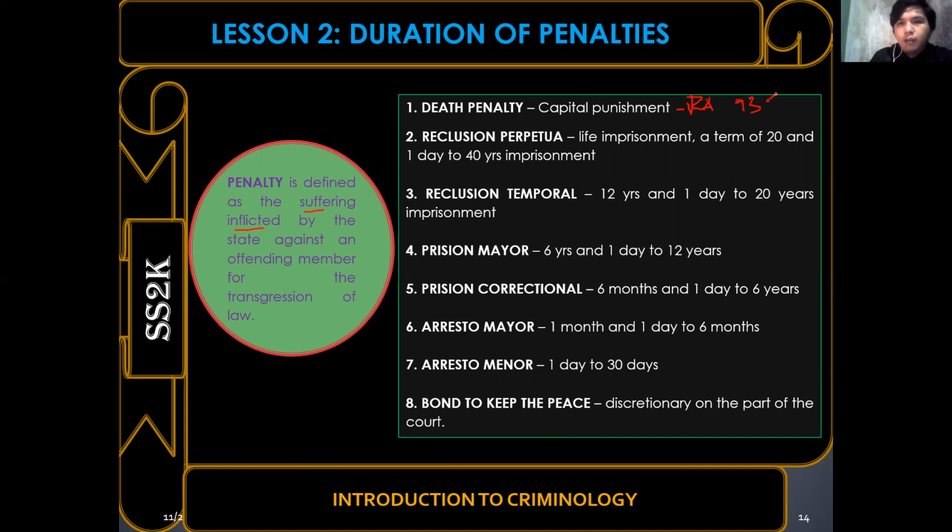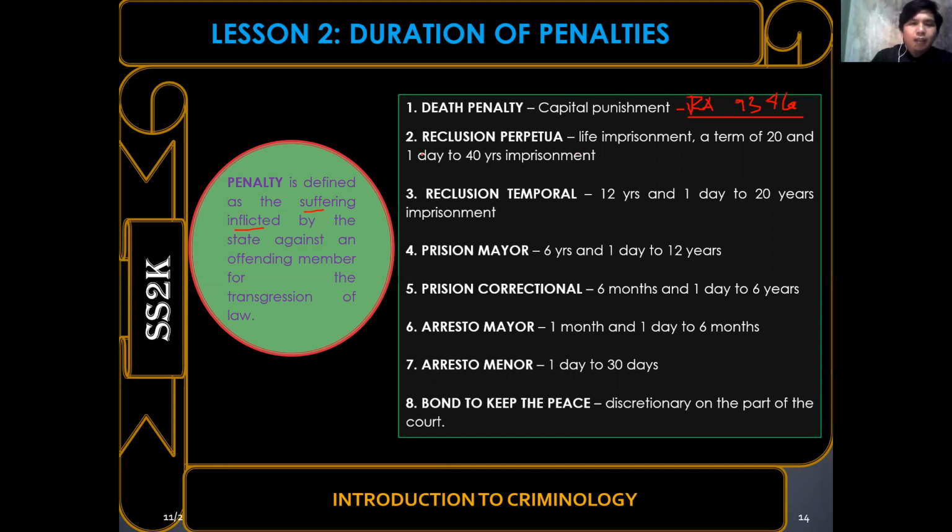Ibig sabihin, sa ngayon ay wala pa pong death penalty ulit kasi suspindido yan dahil may batas na naipasa sa pagbabawal sa pagpapataw ng parusang kamatayan. Kasi nga, petition po ang Roman Catholic and the Congress na yan po ang pagpatay ay hindi pa rin po makatao kahit na lethal injection po yan. No? Pero may mga senador at congressman na nagbabalak buhayin muli ang death penalty para sa mga heinous crimes.